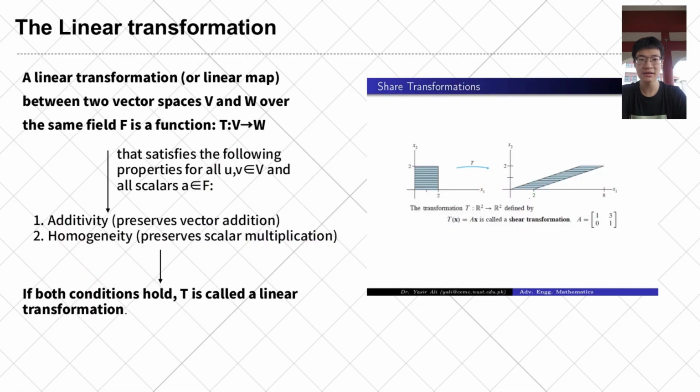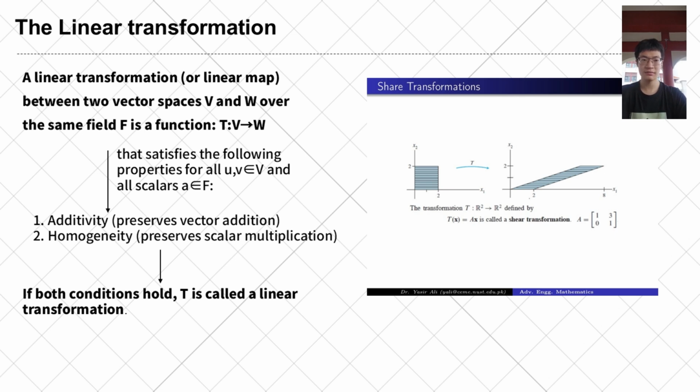Okay, next is the linear transformation. A linear transformation, also called a linear map, is a function between two vector spaces that preserves the operations of vector addition and scalar multiplication.